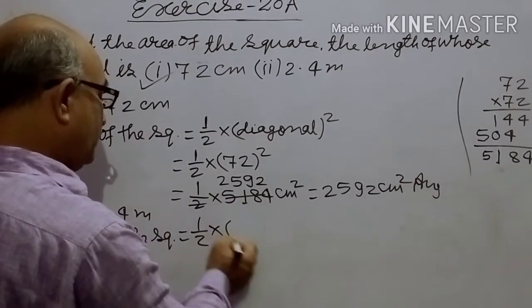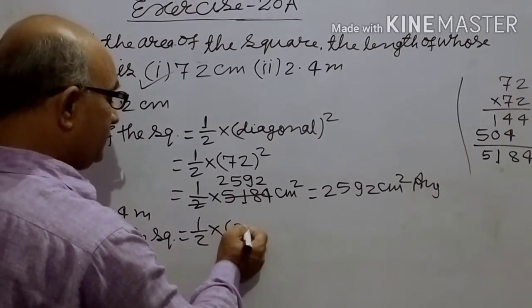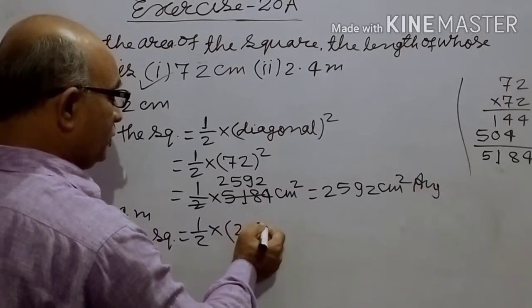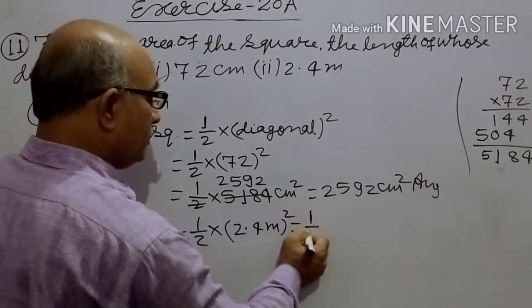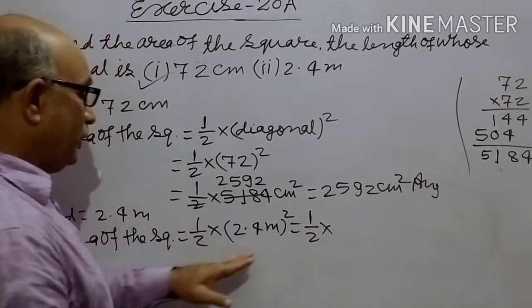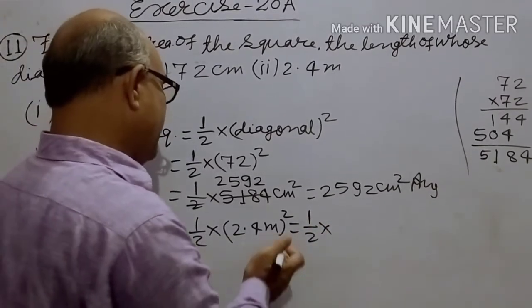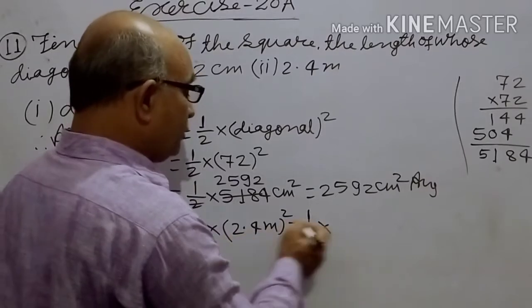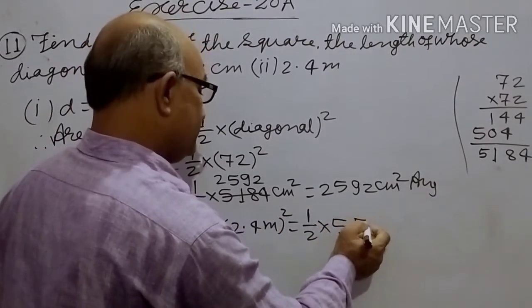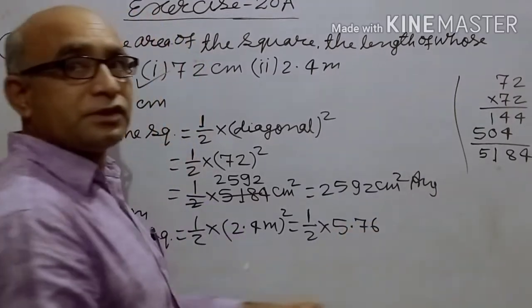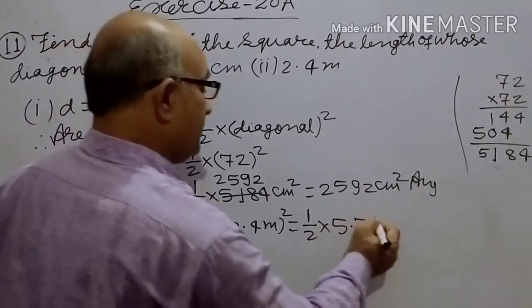So 1 by 2 into 2.4 meter square, means the square of 2.4 is 5.76 meter square.